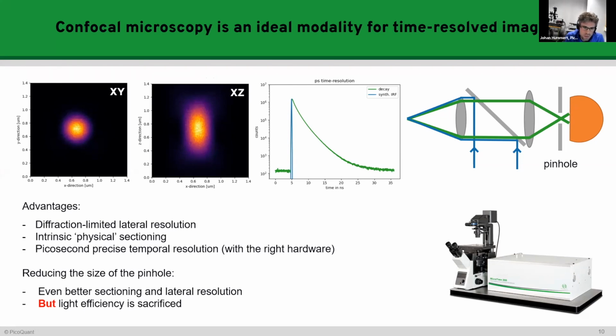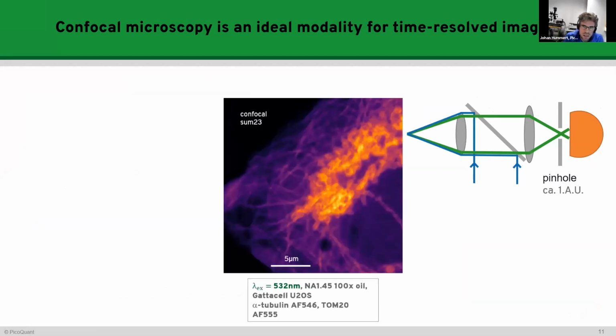And confocal microscopy additionally also offers the option of even better sectioning and lateral resolution by closing the pinhole in front of the detectors. But in reality, this is almost never done in practice, because by closing the pinhole, light collection efficiency is sacrificed, which is often not possible in biological applications.